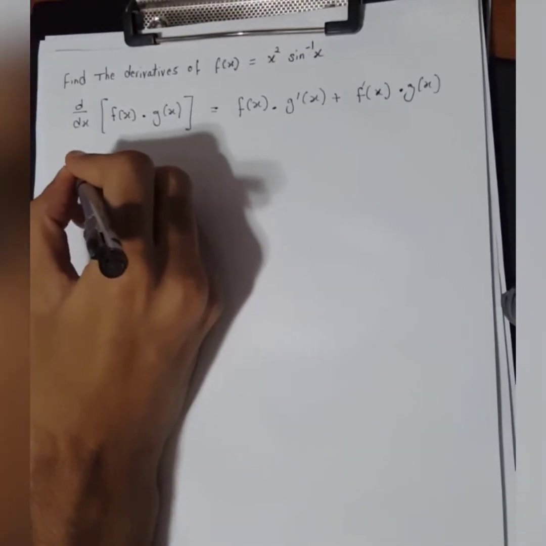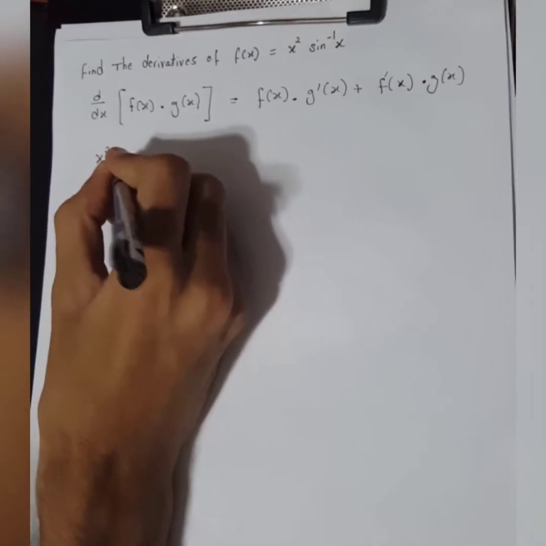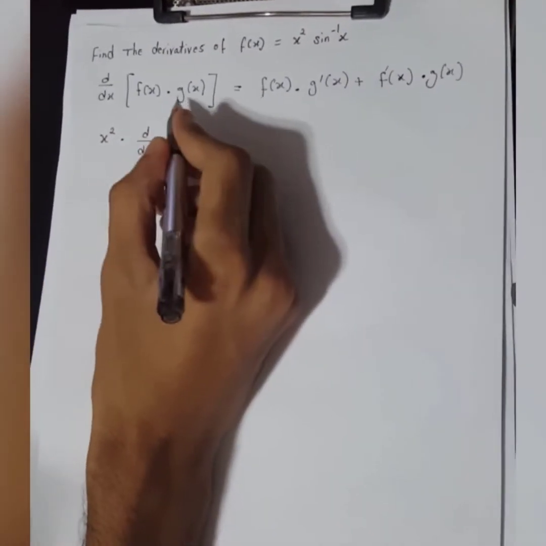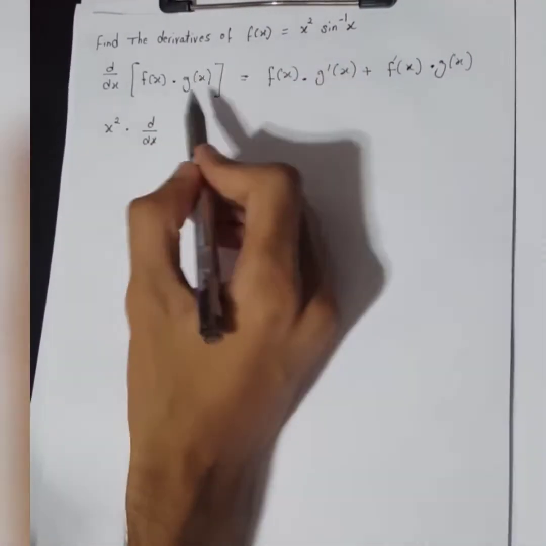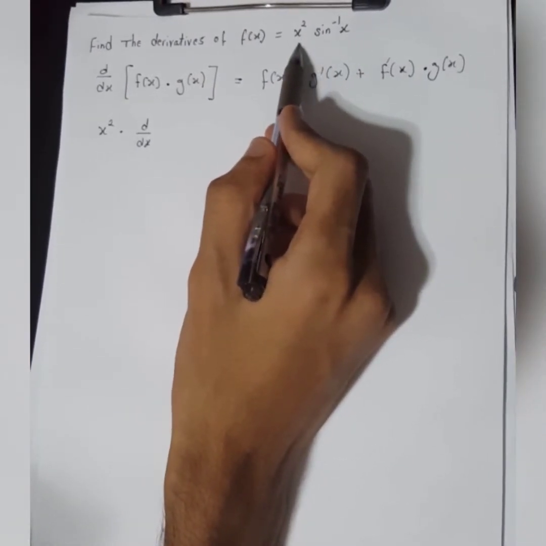On this function we will say x squared times d over dx of the function, where inverse sine is the g of x function and x squared is the f of x function.